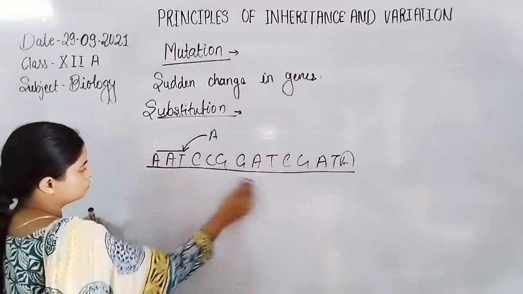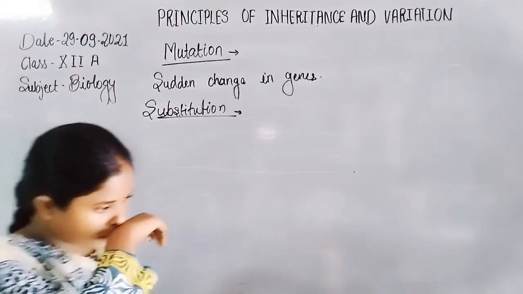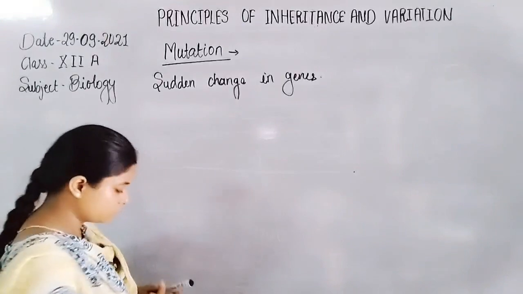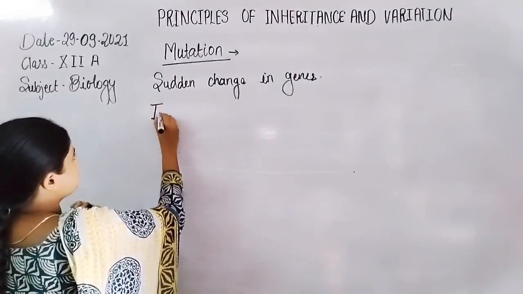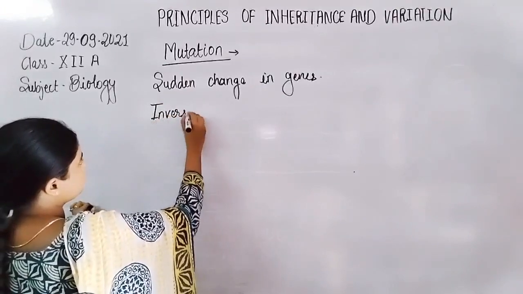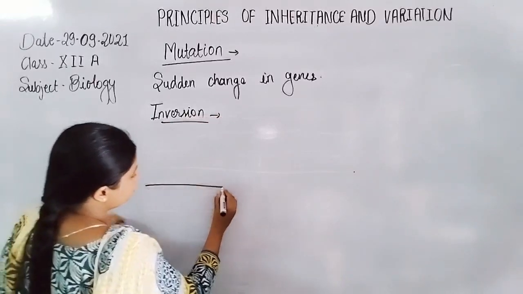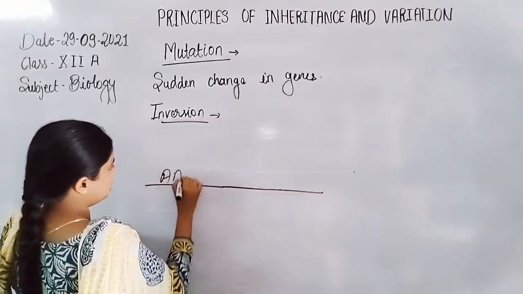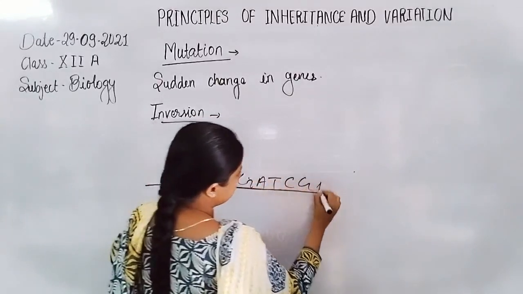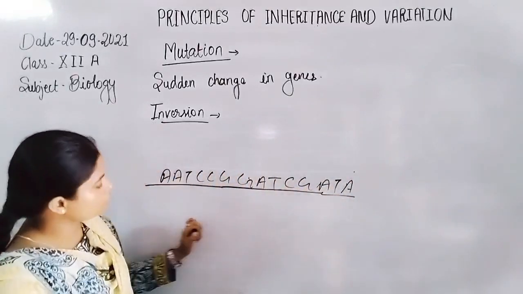inversion. So here is the genetic sequence A, A, G, C, C, G, G, A, G, C, G, A, T. So this is the genetic sequence.